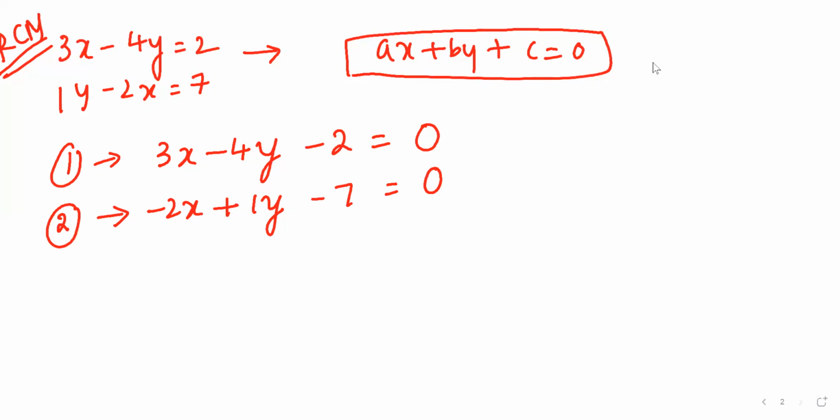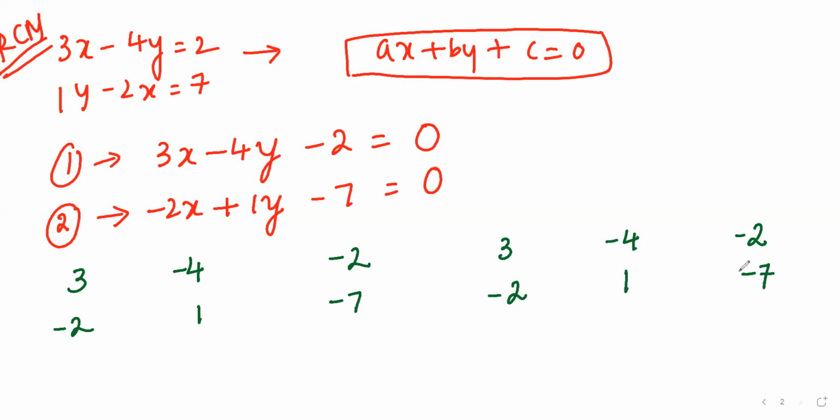I think I told you, right? The borders, the fences. So A1, B1, C1: 3, minus 4, minus 2. Again write 3, minus 4, minus 2. Then minus 2, 1, minus 7 for A2, B2, C2, and again minus 2, 1, minus 7.